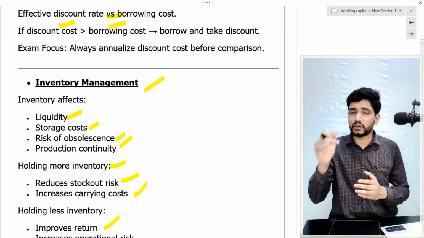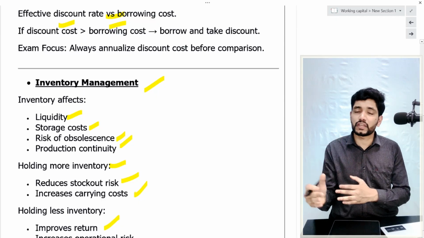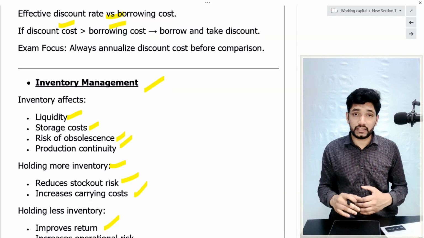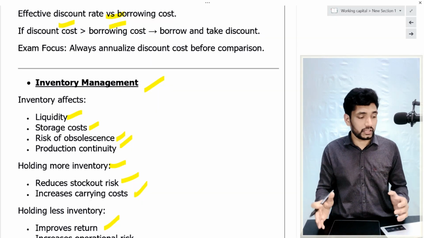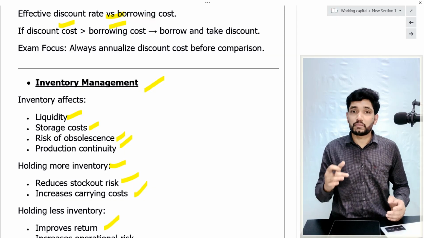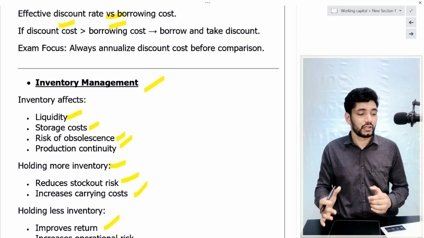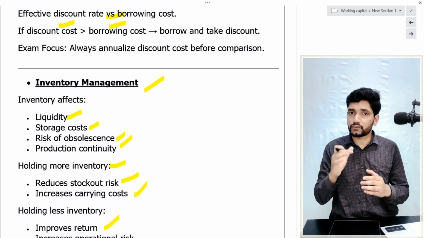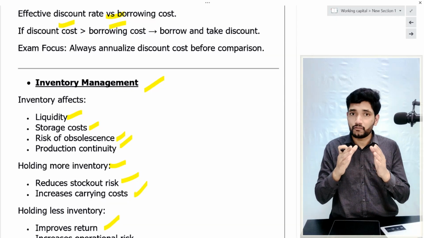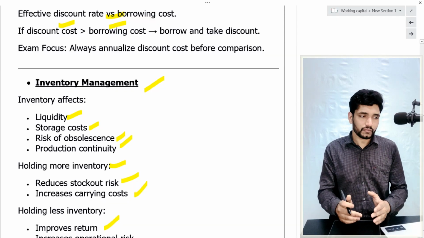That means if your investment in inventory is very low, the overall return gets better, but it increases the operational risk. Sometimes we may fail to meet the customer requirement. So these types of operational risk are also affected if you keep a very low level of inventory.